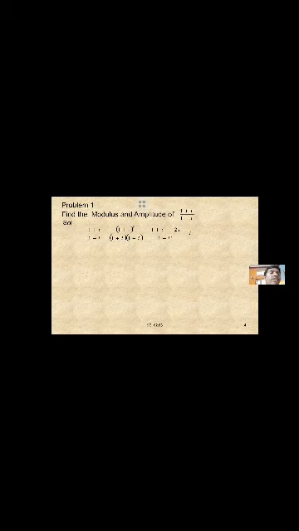After multiplying, we have in the numerator 1 plus i whole square, that is in the form of a plus b whole square. So we can expand it as a square plus b square plus 2ab. In the denominator we have two factors in the form of a plus b into a minus b, which you can write as a square minus b square.